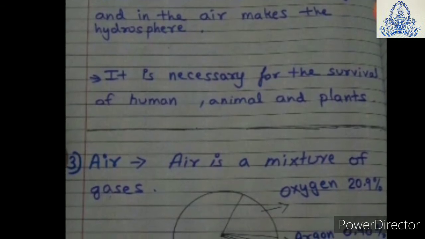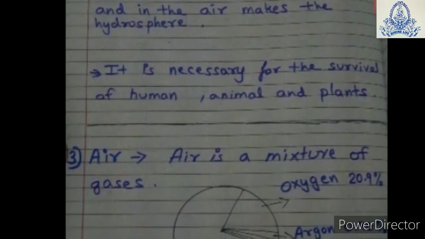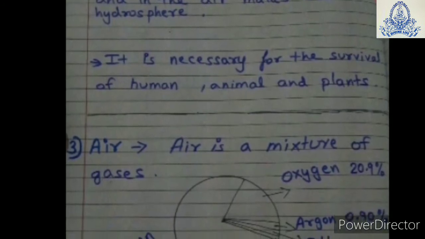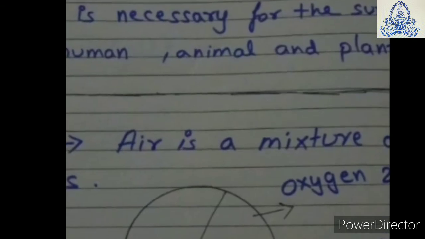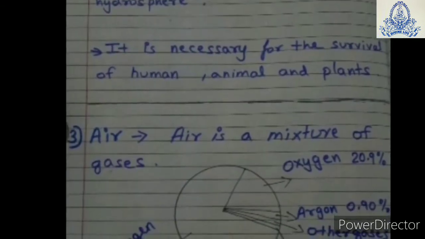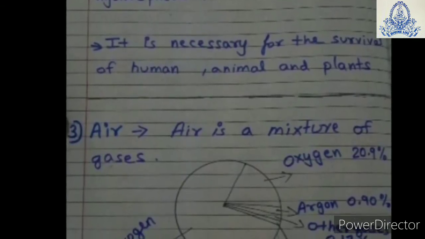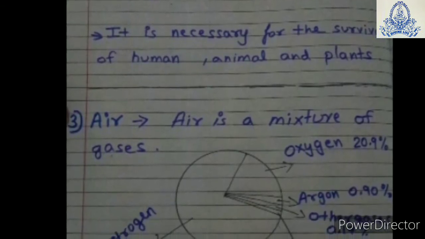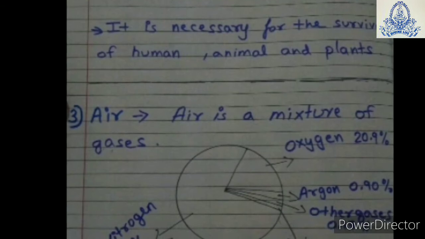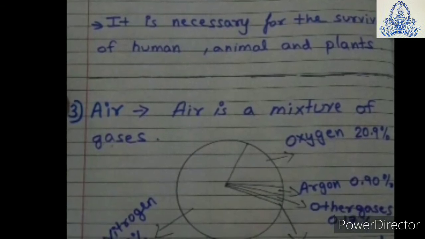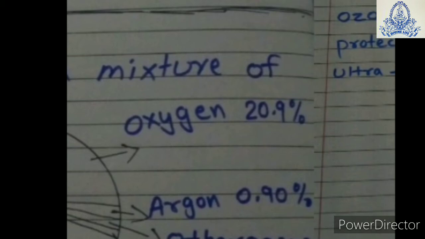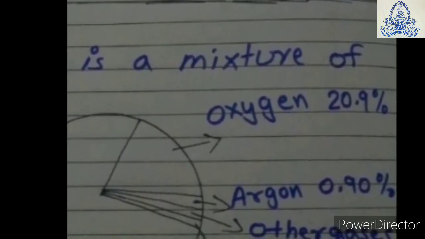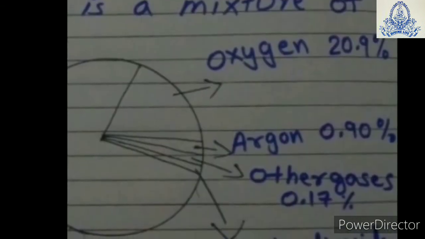Now third is our air. Air is a mixture of gases. Here I have drawn the composition of air. In that you can see that nitrogen has a percentage of 78, oxygen 20.9 percent, argon gas 0.90, other gases 0.17, and carbon dioxide 0.03.